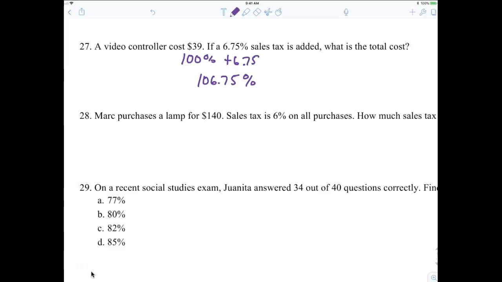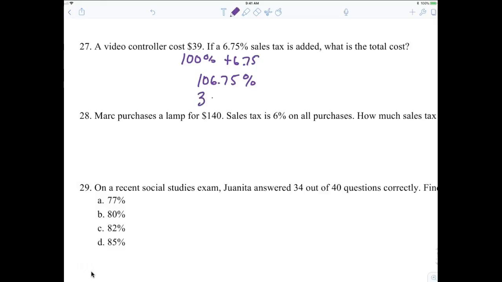So what do I do with the $39 now? No, not 0.39. 39 is not a percent. If I want to find my total bill, what do I do? 39 times what? Times 1.0675.